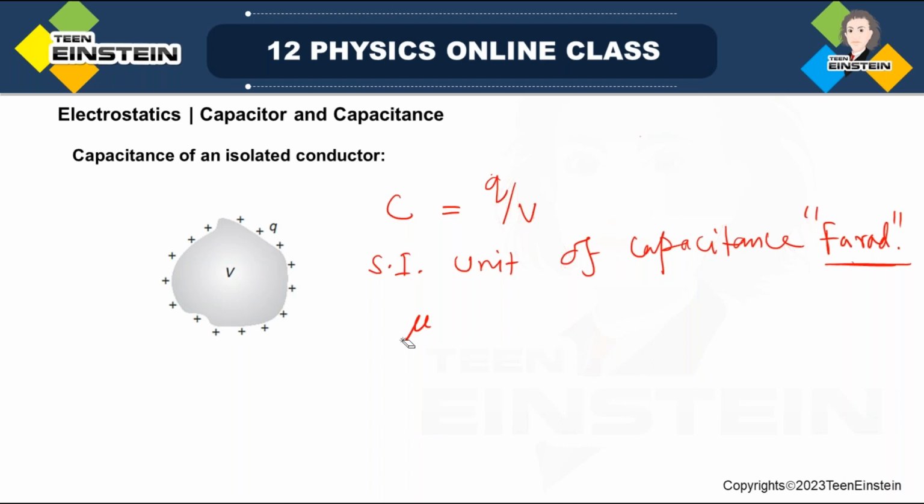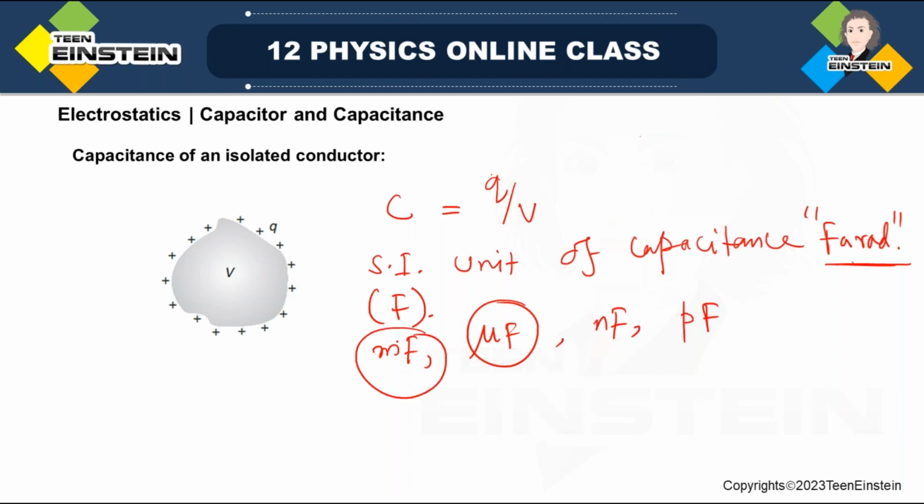Farad is generally written as capital F, and smaller units are millifarad, but the most usable unit is microfarad. Nanofarad and picofarad also. Millifarad is generally not used much, but micro, nano, and pico are actually usable units in practice.